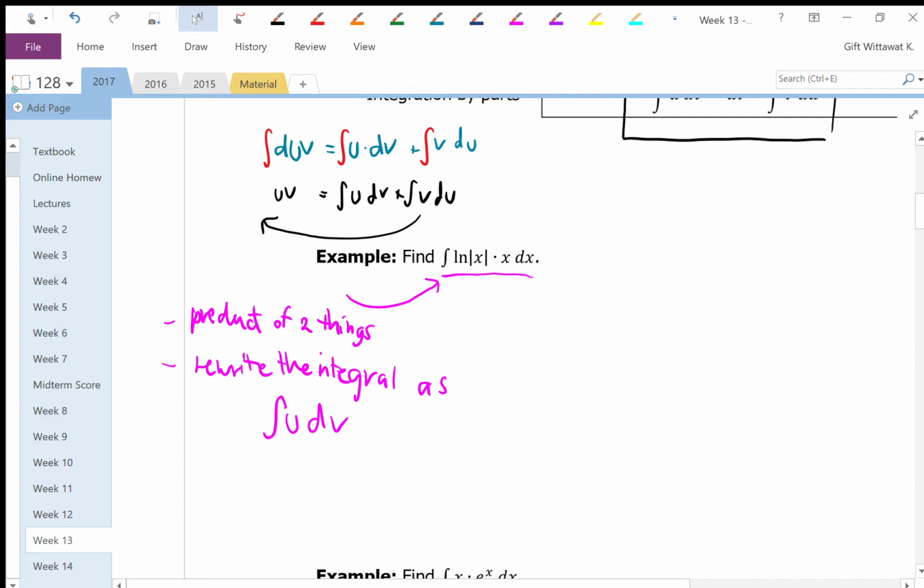If you do it right, by the way, you should be able to find the integral of v du.